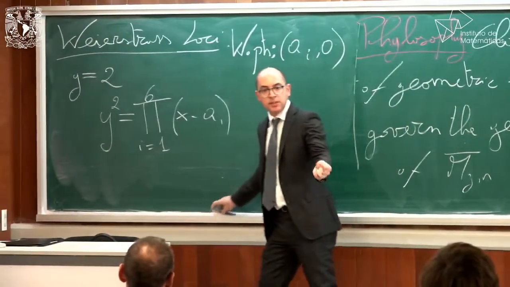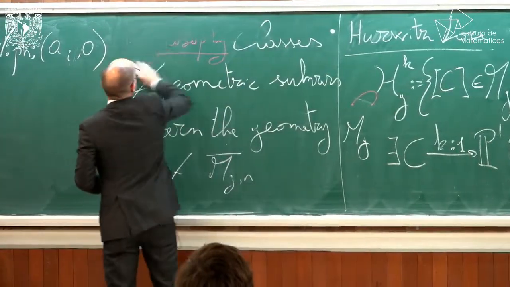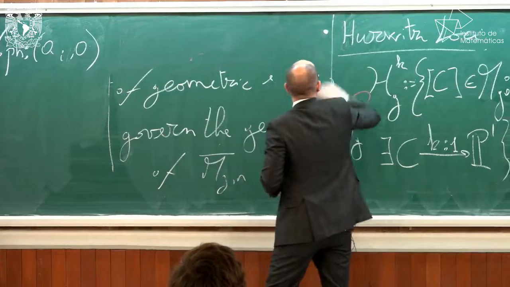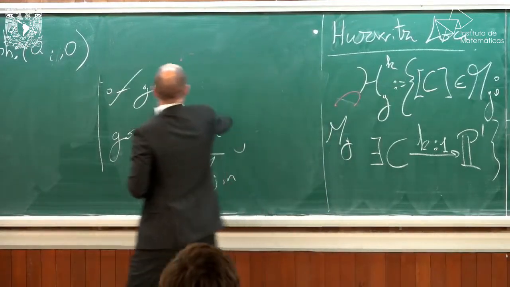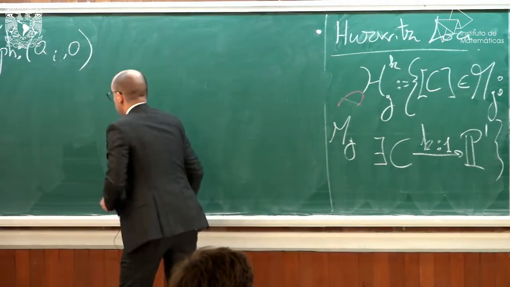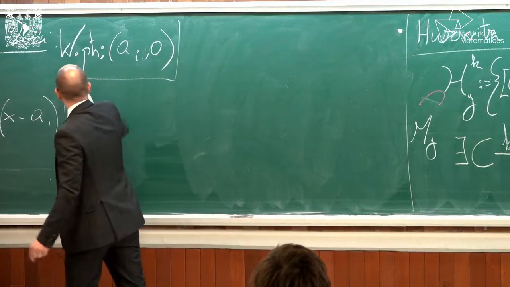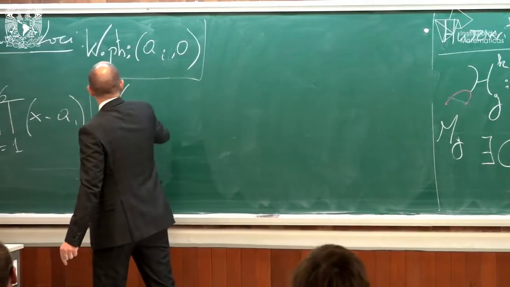Using this geometric property, we can construct a subvariety of M_{g,n} bar. How? Similar to what we did in the Hurwitz case, right? So we look at all the curves. I can define the following: W_n.